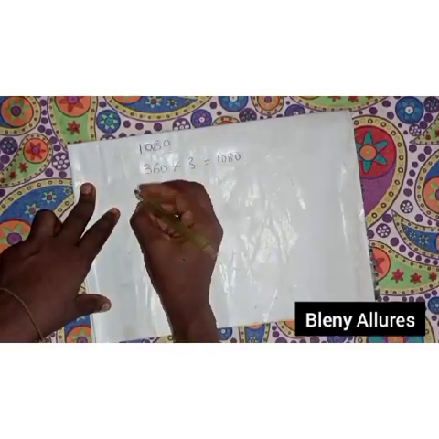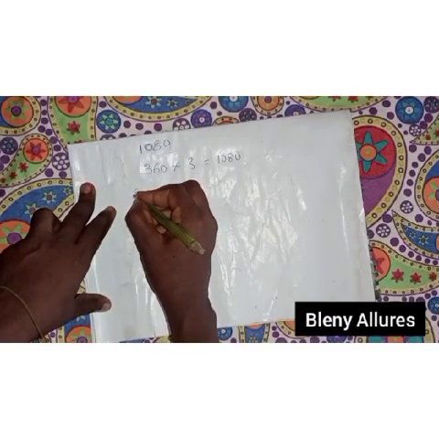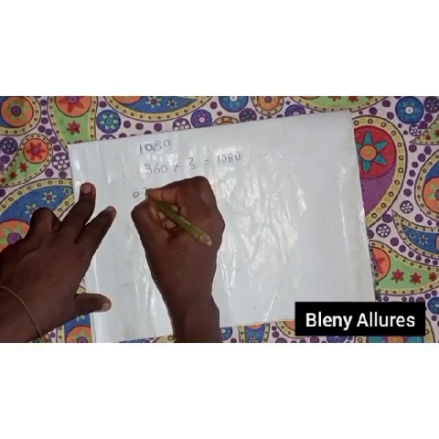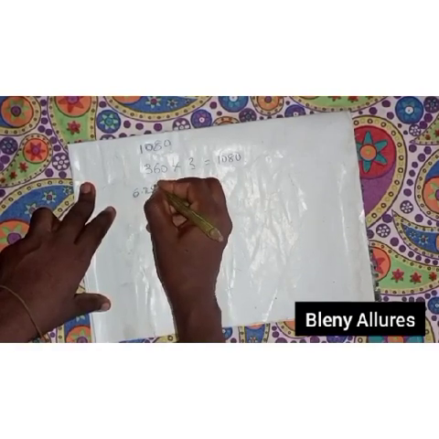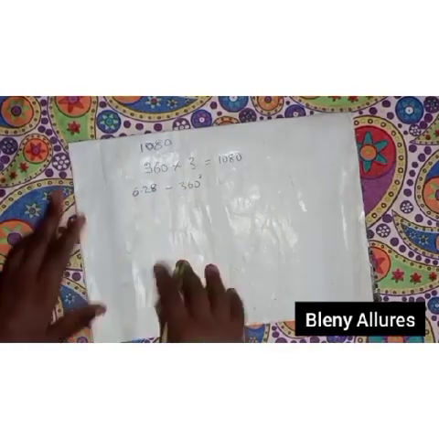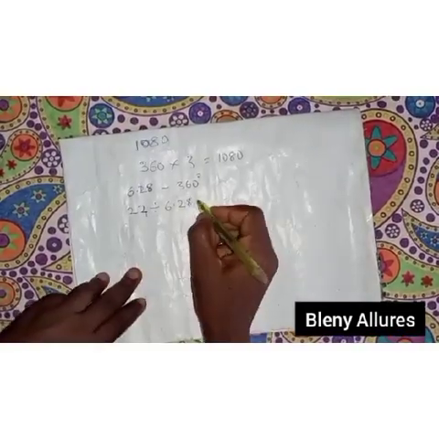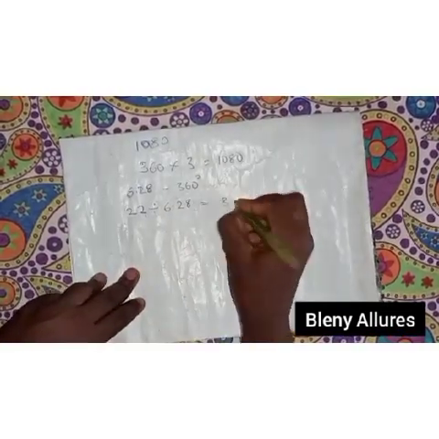The formula for getting 360-degree flare is 6.28. We are going to use the 6.28 to divide our waist circumference.